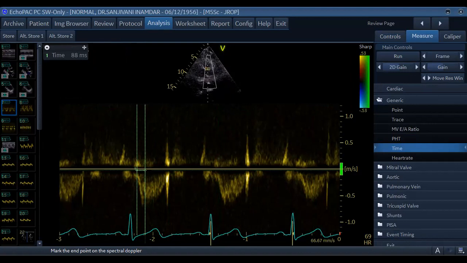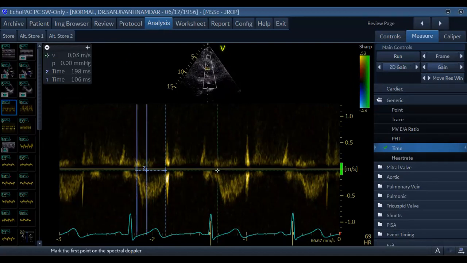This is not a very clear graph, but from here to here is deceleration time. If this is the peak of this wave, this is acceleration time, and from this point to this point is deceleration time.